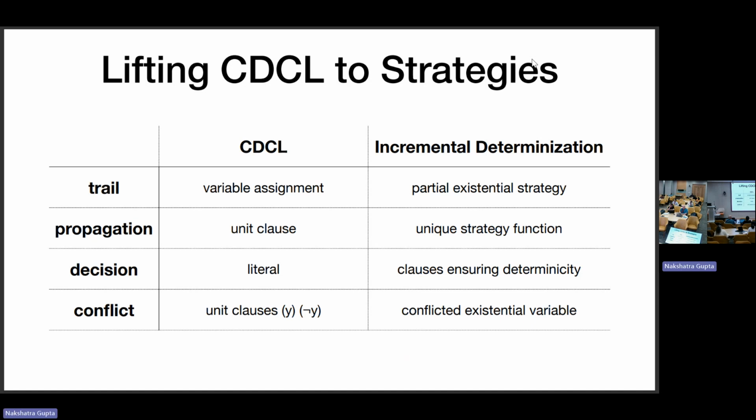In incremental determinization, it's the case where we have a conflicted existential variable. And finally, in CDCL, learning means learning a clause, and as we will see, in incremental determinization, we can use the same kind of learning technique to derive new clauses.